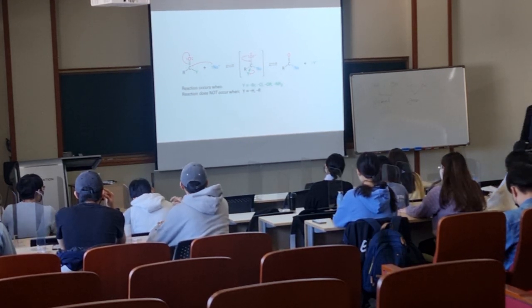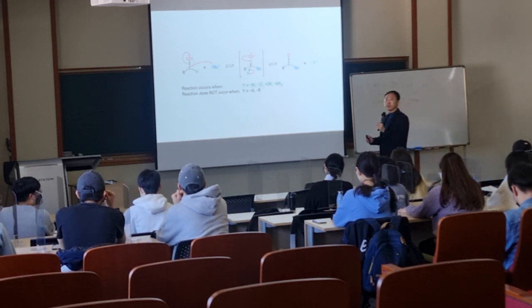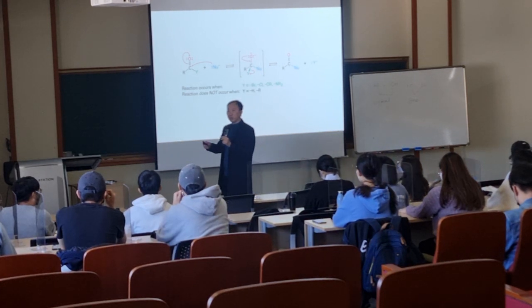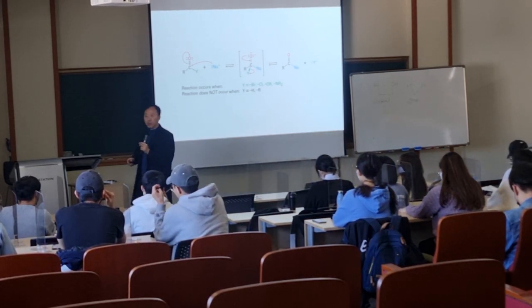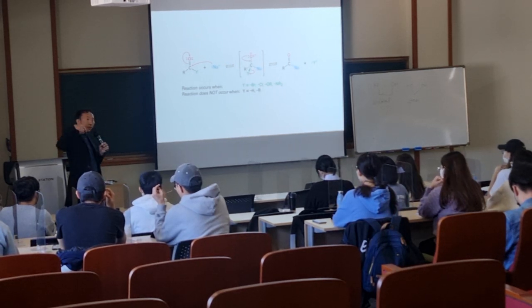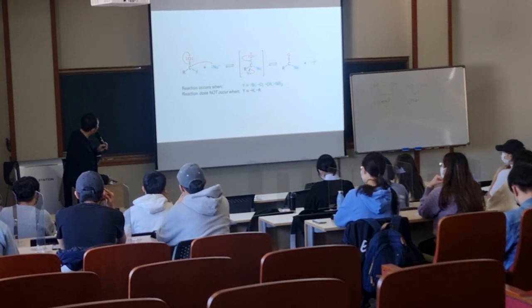So let's summarize nucleophilic addition to the carbonyl. We have a carbonyl. It can be an ester, a ketone, or an aldehyde, a kind of carbonyl group here. We have a nucleophile. The nucleophile attacks first, at about 75 degrees, not from the same plane.